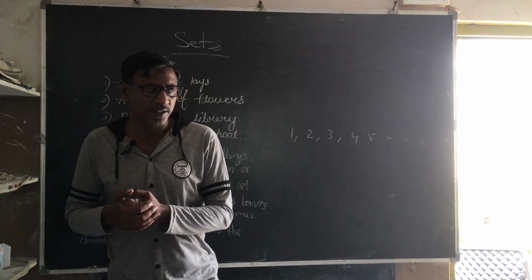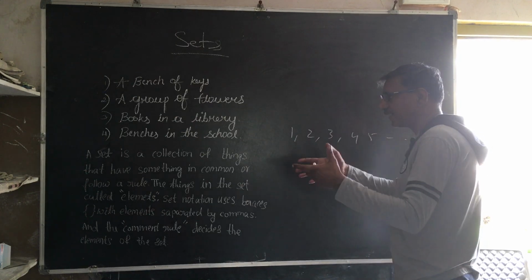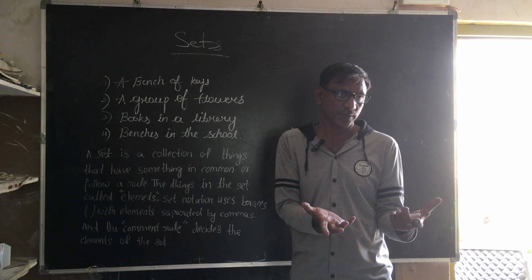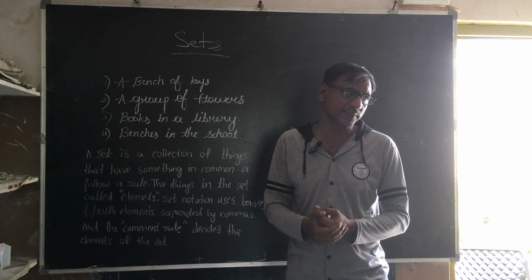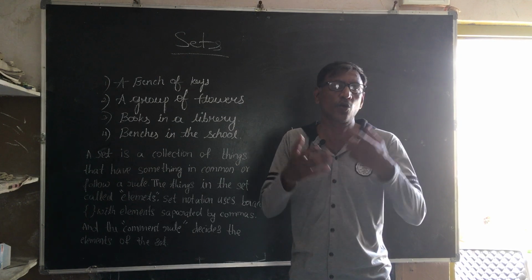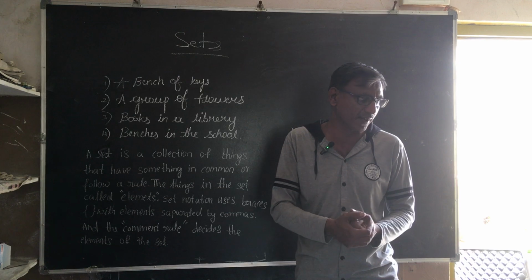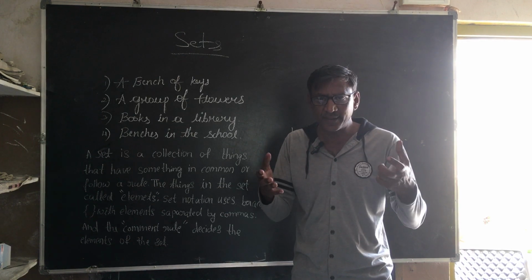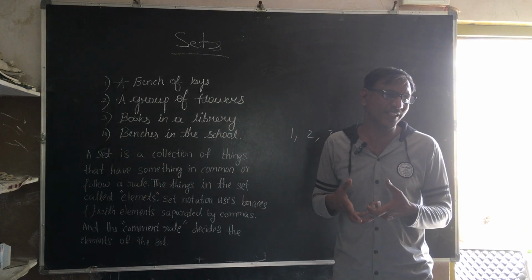See here, a set is a collection of things, whatever it may be. A bunch of keys, a group of students in our class, a group of benches in our class. Understand my point. These are all what? Sets. A set is a collection of things, whatever it means.